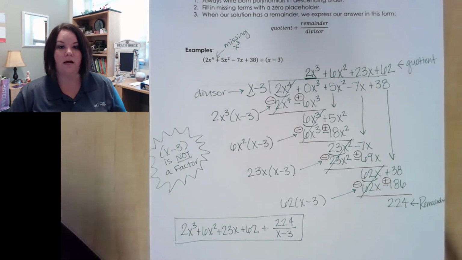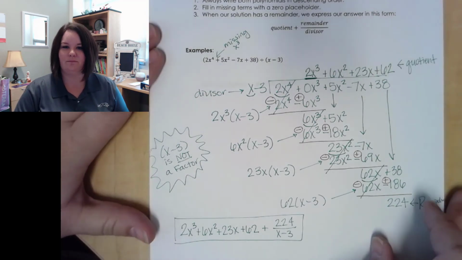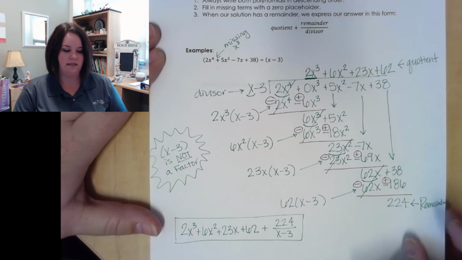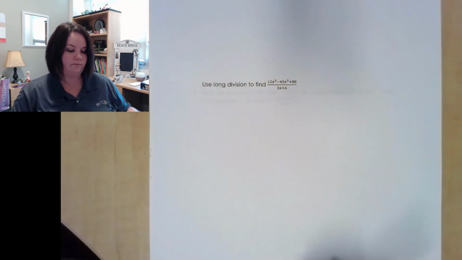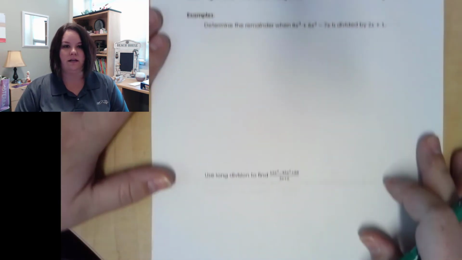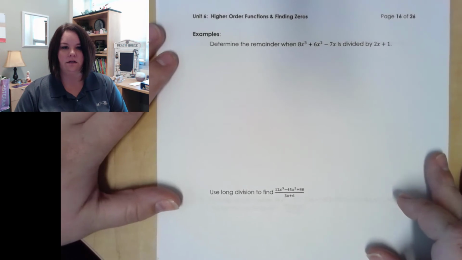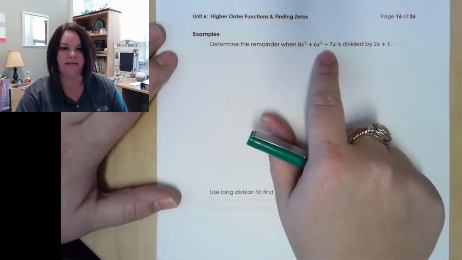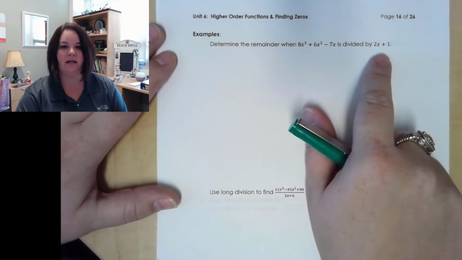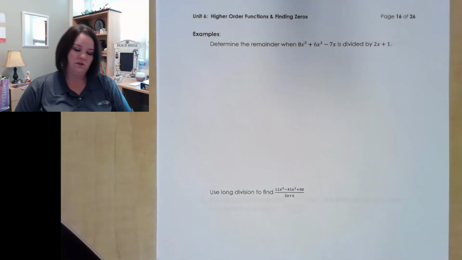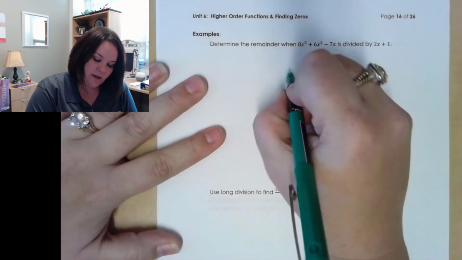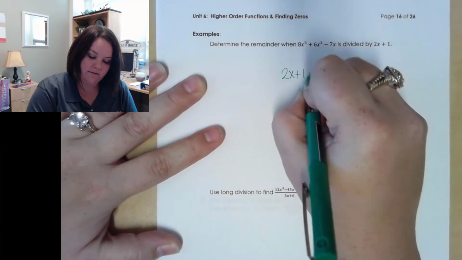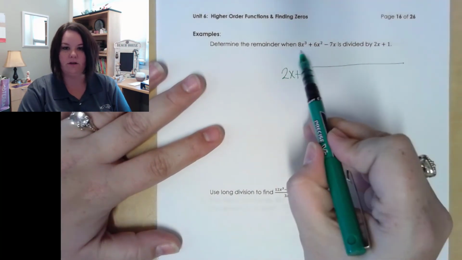Okay, all right, let's look at a couple more just to get some more experience with this. So on the next one, it says, determine the remainder when 8x cubed plus 6x squared minus 7x is divided by 2x plus 1. So we know that we're going to take 2x plus 1 and we're going to be dividing that into this polynomial.